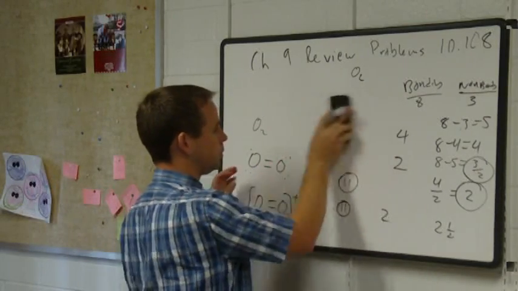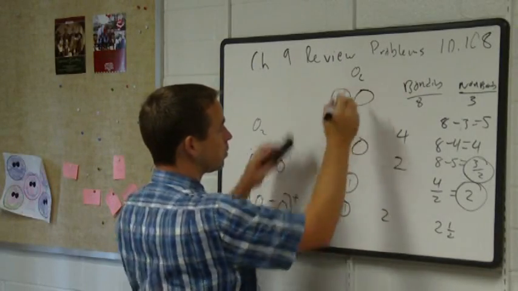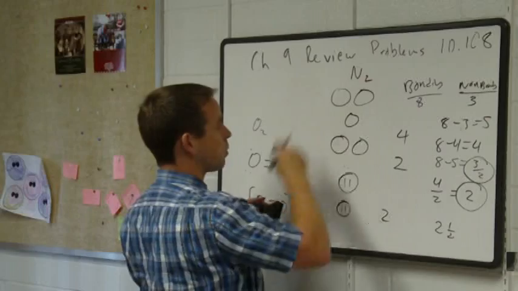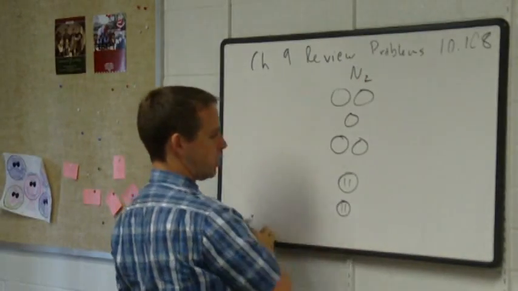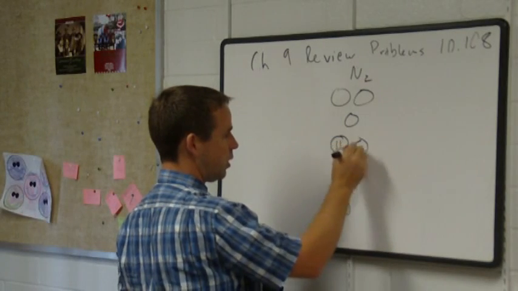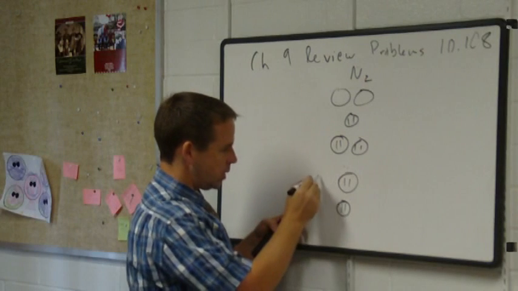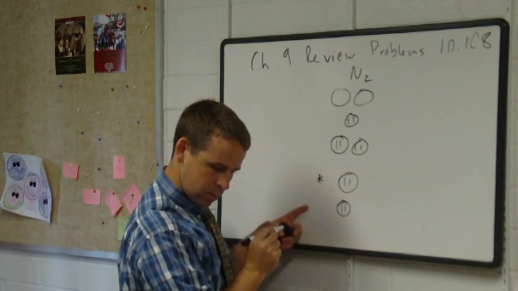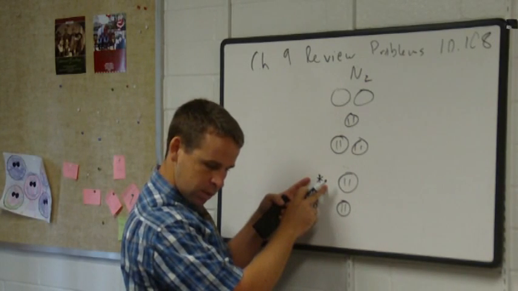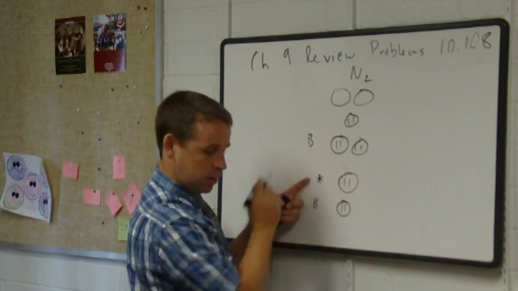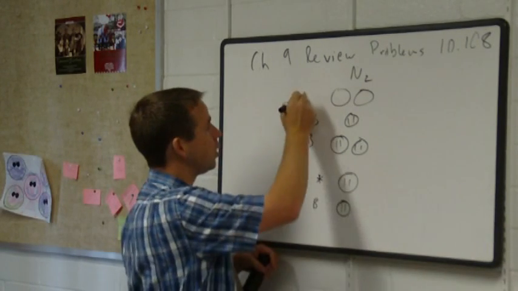So this is N2, and in N2 we have 10 electrons, 1, 2, 3, 4, 5, 6, 7, 8, 9, 10. This is bonding, anti-bonding, so I'll put a little B here for bonding, and the star is for anti-bonding. These are bonding, this is bonding, and these are anti-bonding.